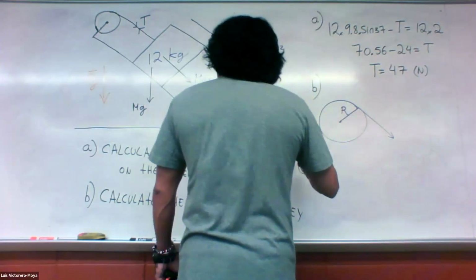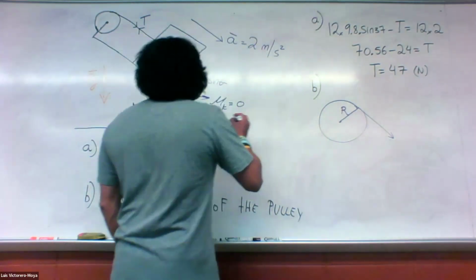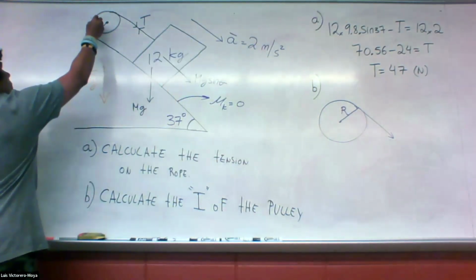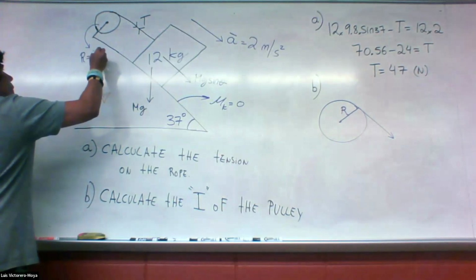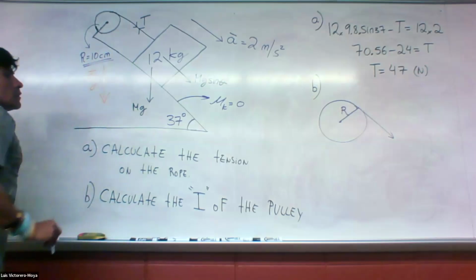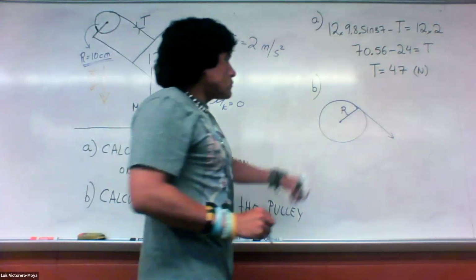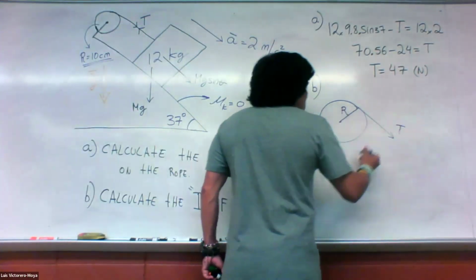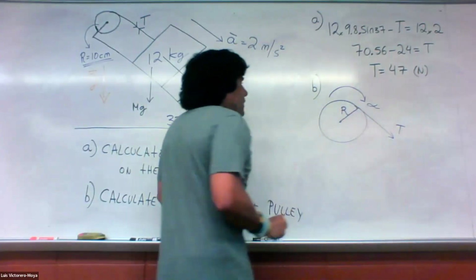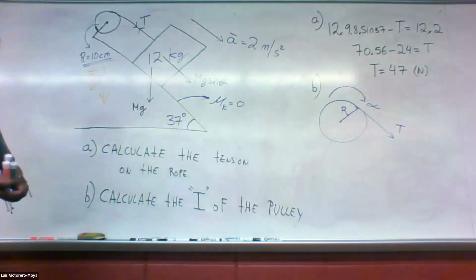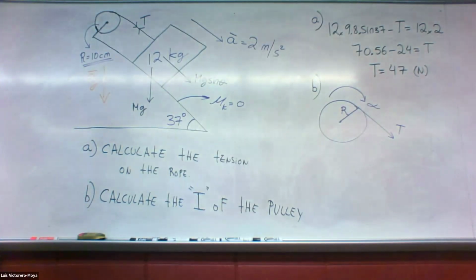Oh, yeah. So the radius is 10 centimeters. So you have the radius, tension, and it's obviously accelerating like that. So how do you find the I of the pulley?